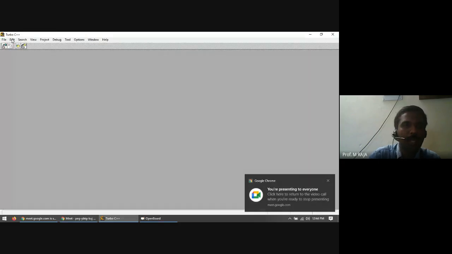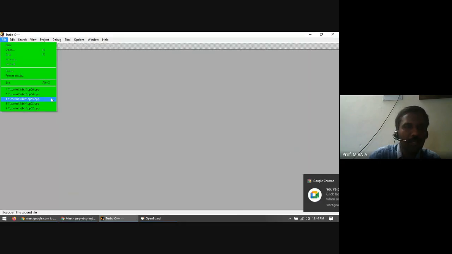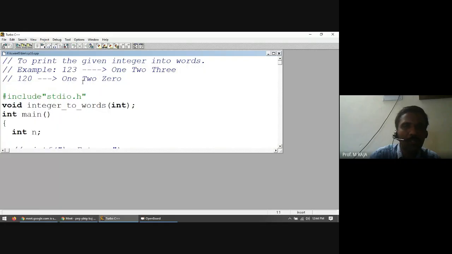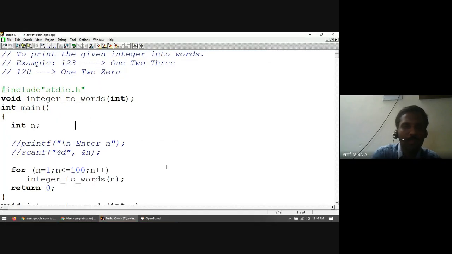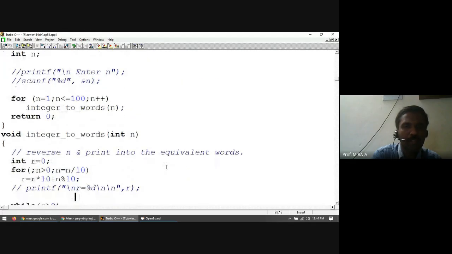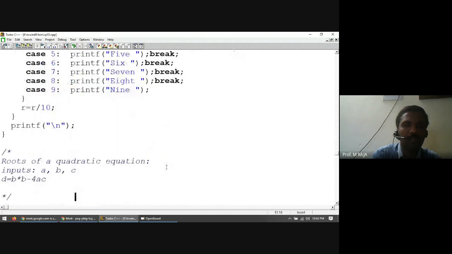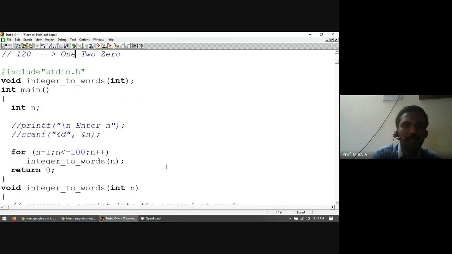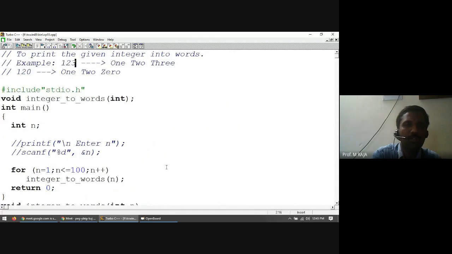And coming back to the previous problem, given an integer, print it in words. We have used the reverse logic, and then we have processed through the switch case statement to print the result. Or if you don't want to reverse the number, you can extract the digits one by one and store the digits in an array.